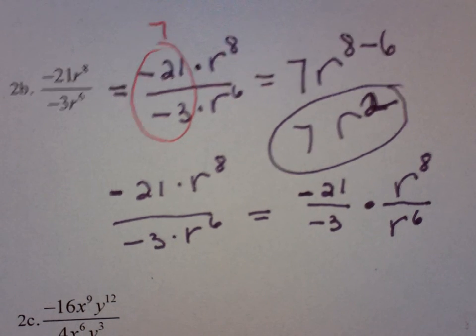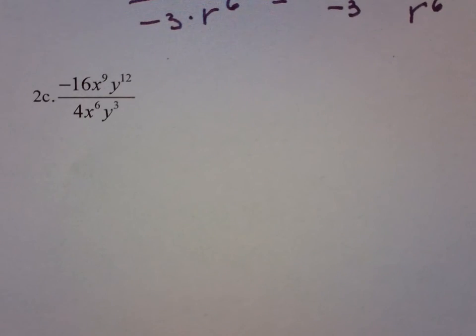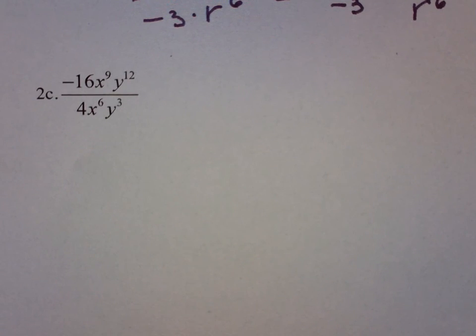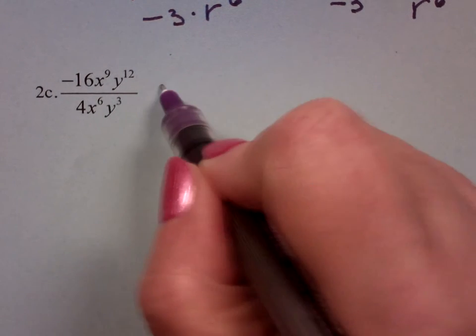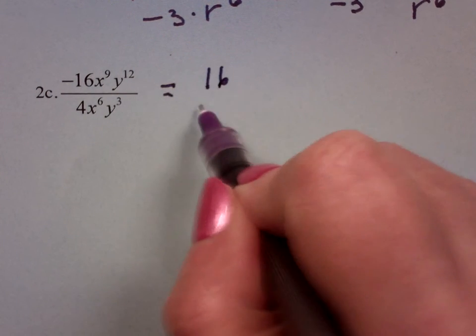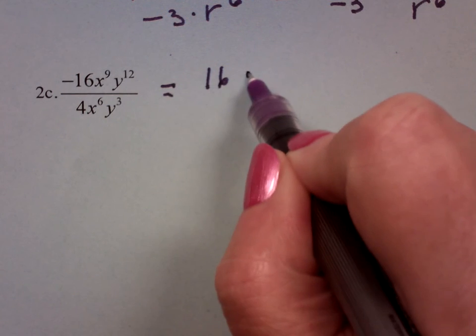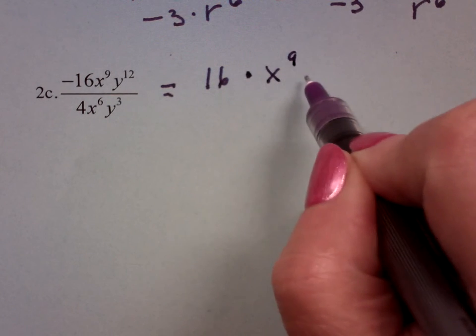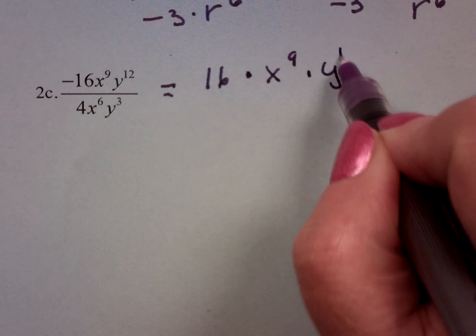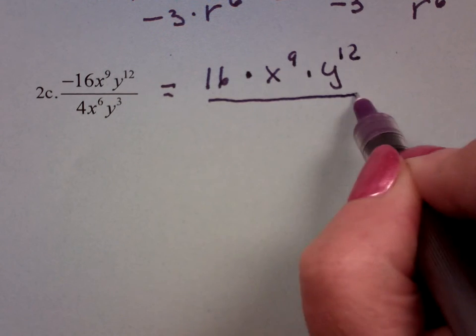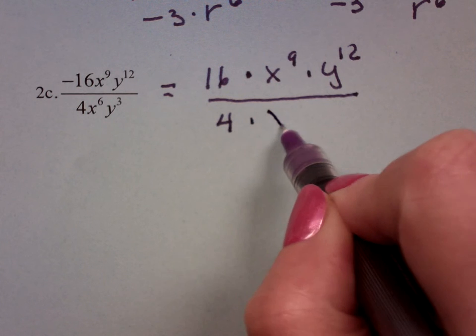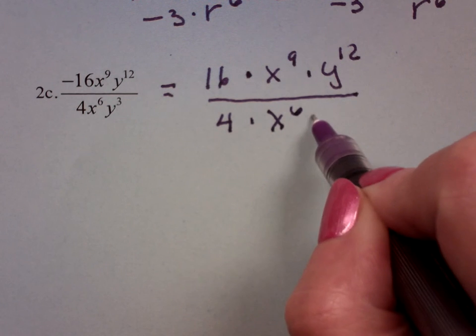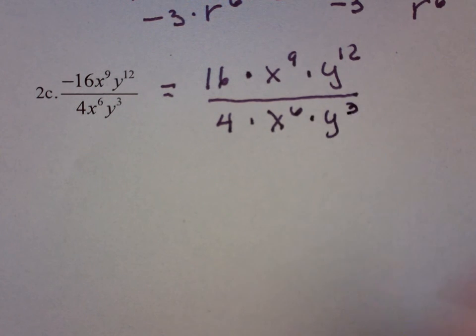Which is why I chose the next one. See, there's always a method to the madness with the problems that I choose to actually work in class. This is the same as 16 times x to the 9 times y to the 12, all over 4 times x to the 6 times y cubed.